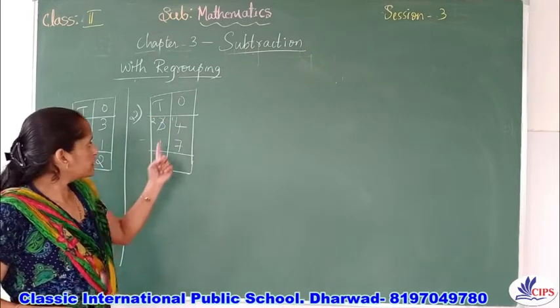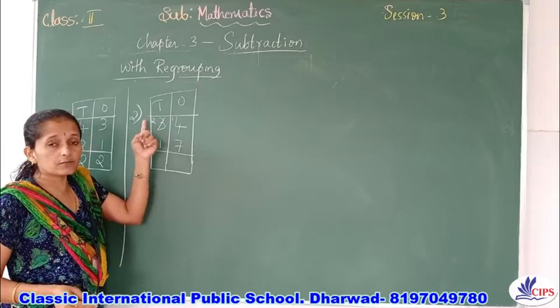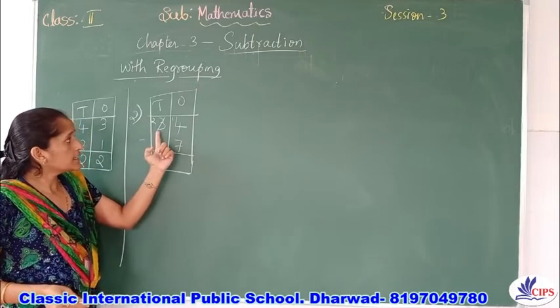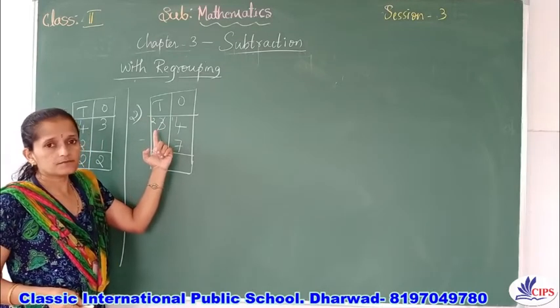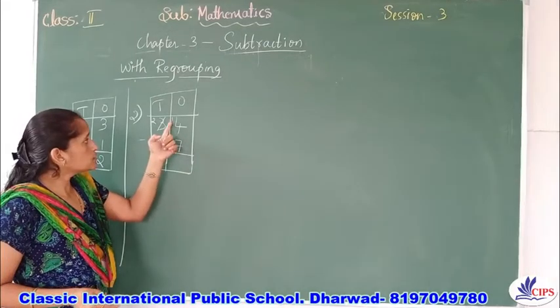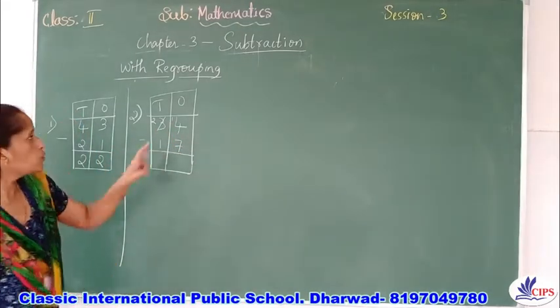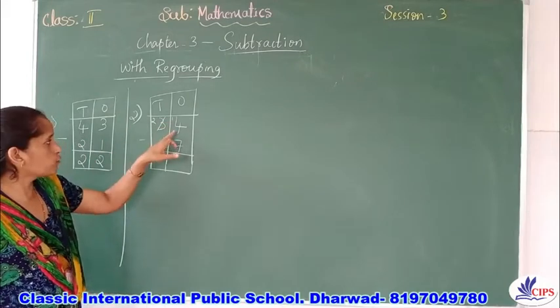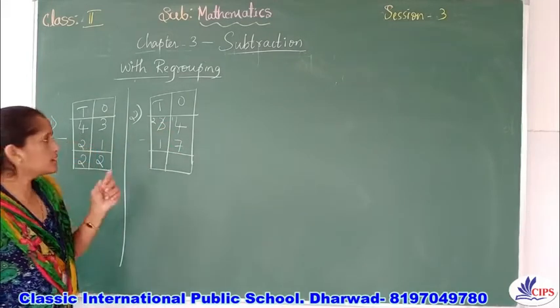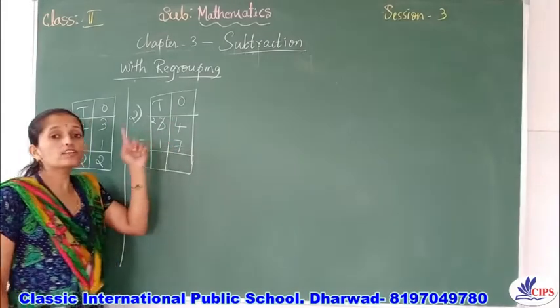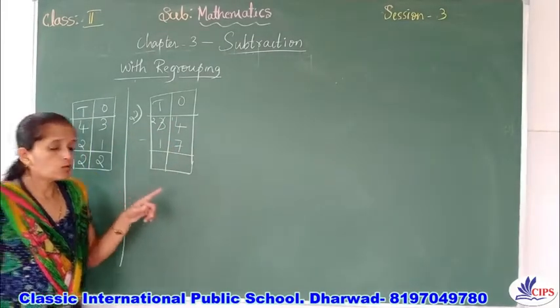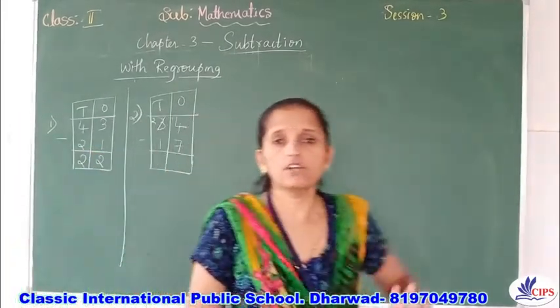If it is 3 it becomes 2, if it is 4 it becomes 3, because we are taking 1 from this number. So now this is 14. Do not write the 1 big; you should write it very small. So this becomes 14. Now you have to do 14 minus 7.